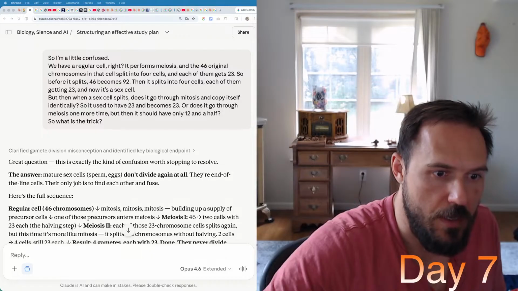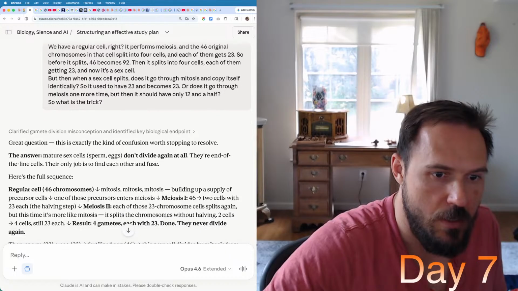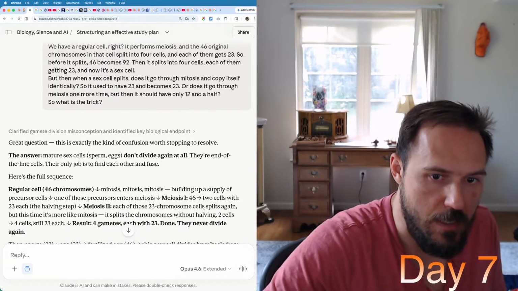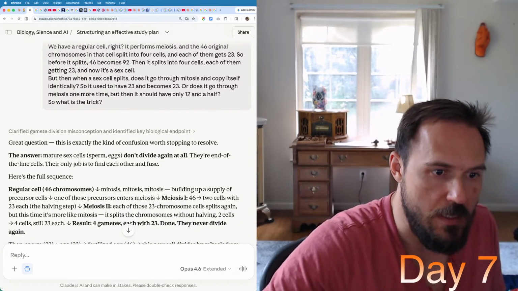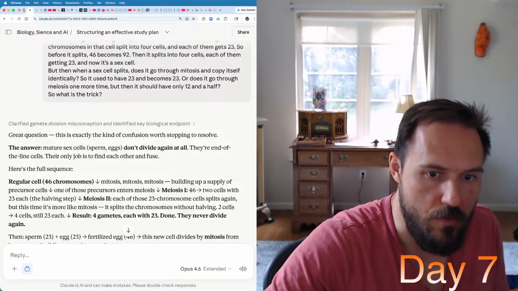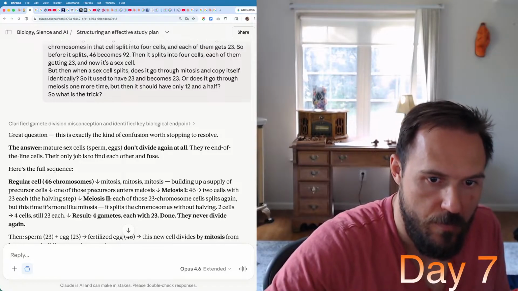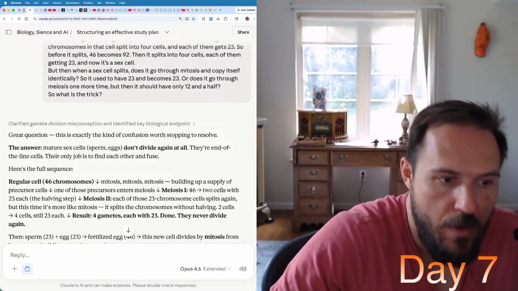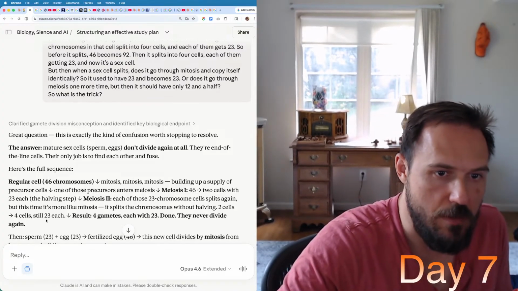That's the halving step. Meiosis 2: each of those 23-chromosome cells splits again, but this time it's more like mitosis. It splits the chromosomes without halving. So 2 cells, then 4 cells, 23 each.